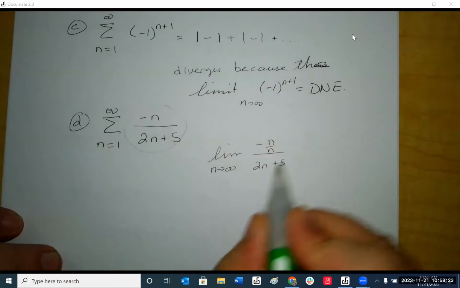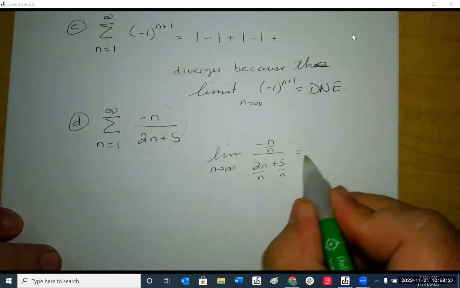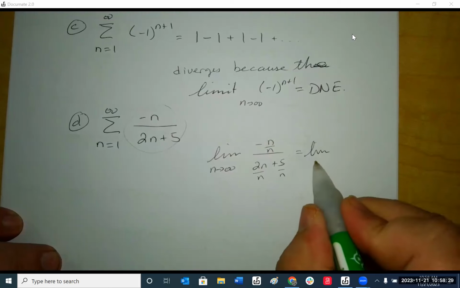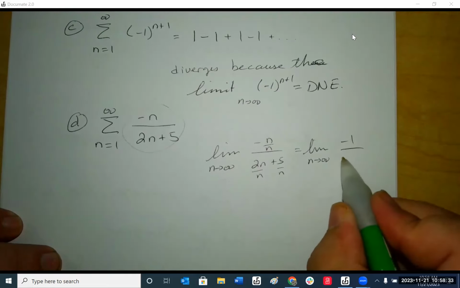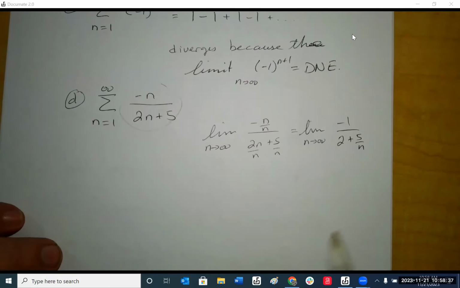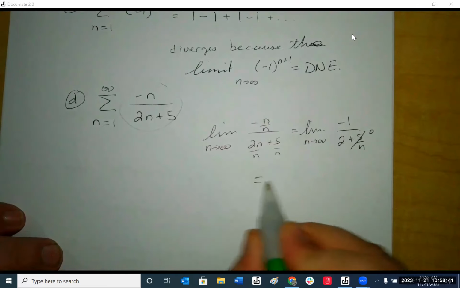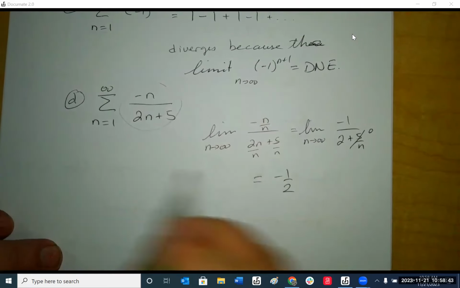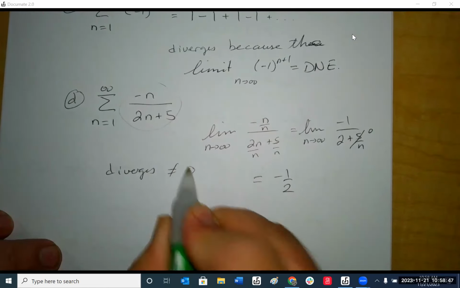Divide each of these by n. So the limit as n goes to infinity of negative 1 over 2 plus 5 over n. This one goes to 0 as n goes to infinity. So the answer is negative 1/2. So it diverges. It doesn't equal 0.